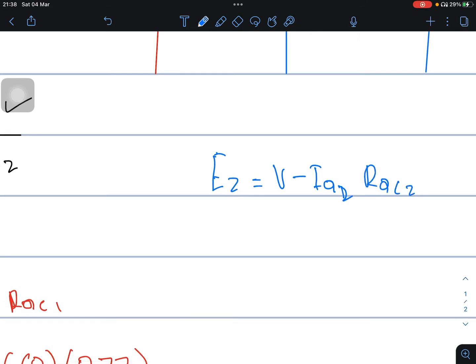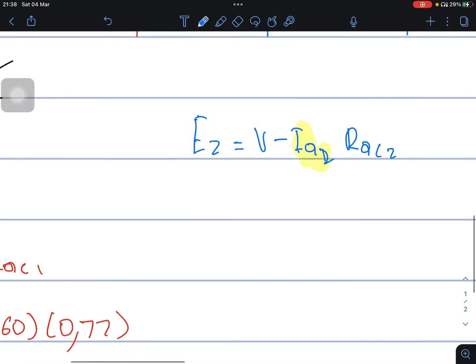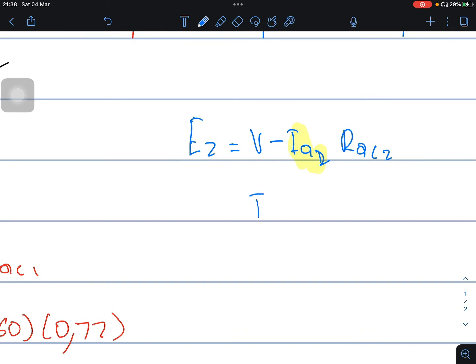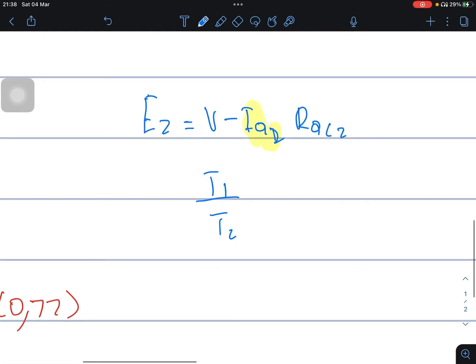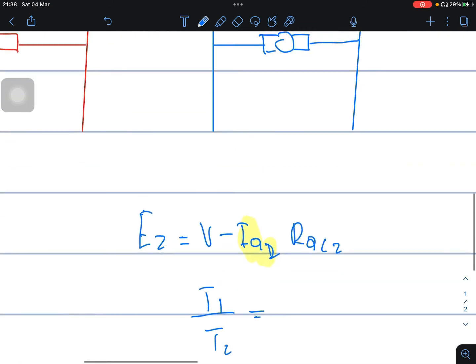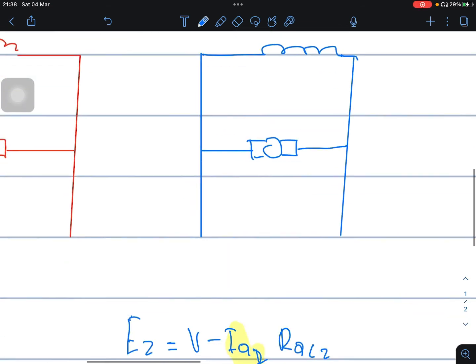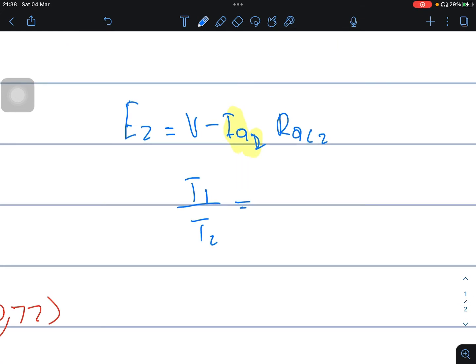The problem we encounter now is that we don't have IA2, but we can find IA2 using the torque formula, T1 over T2 is equal to flux 1 IA1 over flux 2 IA2.